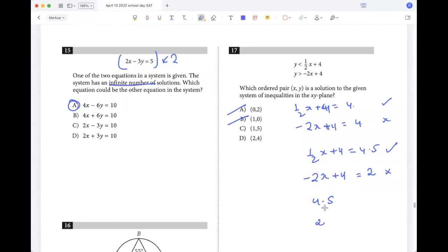So y less than, no, so this is not true. Yeah, so this is out. And then when x is 2, half x plus 4 is 5 and 4 is less than 5. And minus 2x plus 4 is 0 and y is greater than. So D is the answer.